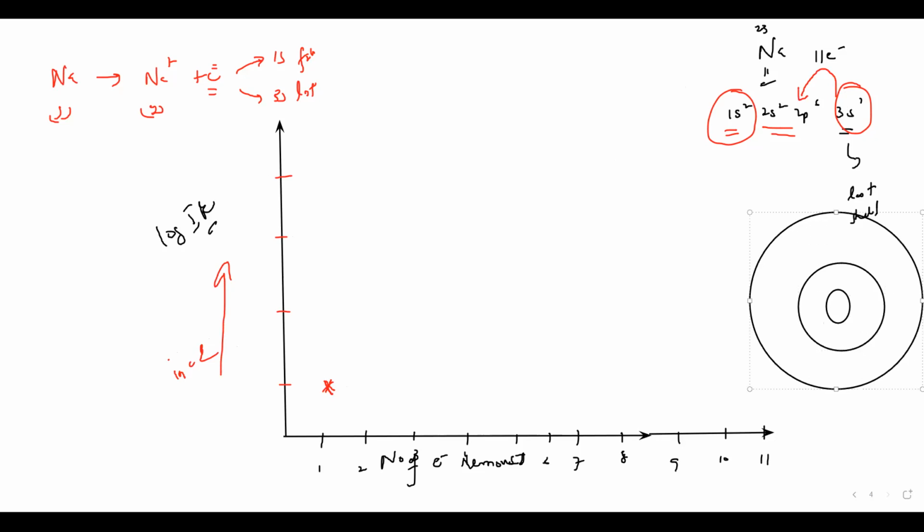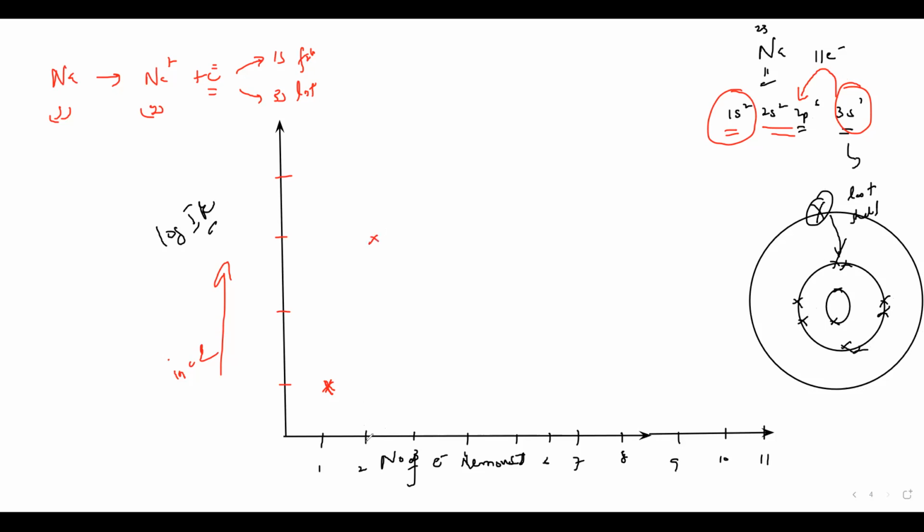The third shell is far away from the nucleus, the second shell is closer to the nucleus, and the first shell is very close. So to remove an electron from the last shell, we need relatively less energy. But when the electron is removed from the second shell, which is closer to the nucleus, we need a greater amount of energy, so there will be a big jump.